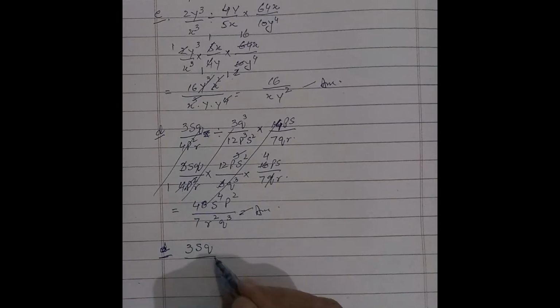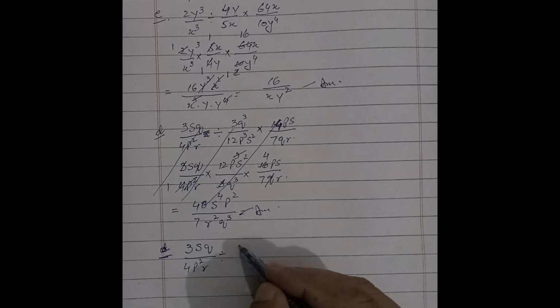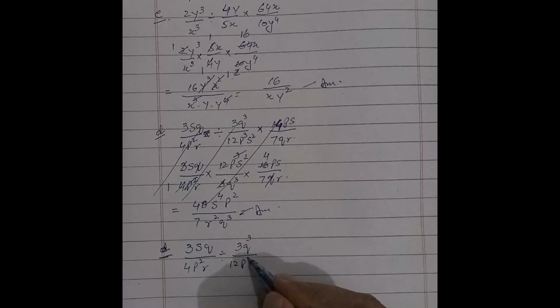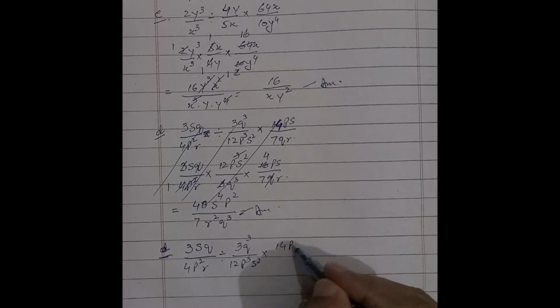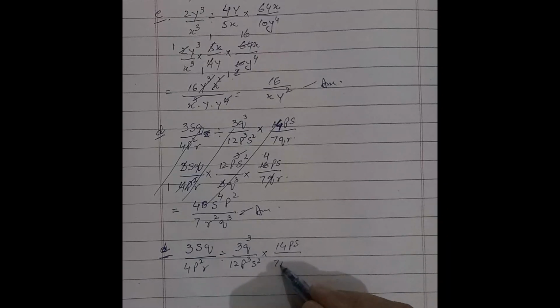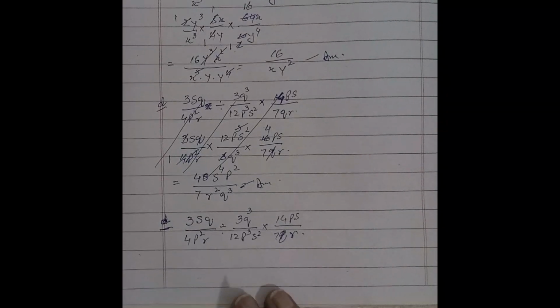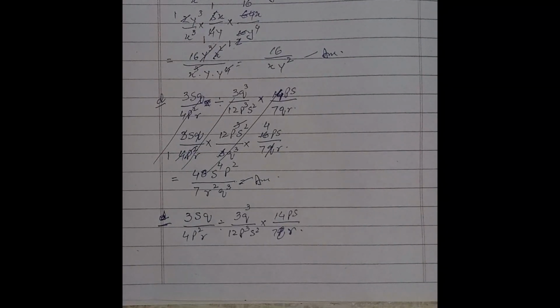3s cube over 4p square r divided by 3q power 3 over 12p3 s square multiplied by 14ps over 7qr. First we solve by the division rule, the values which are divided by each other, simplify them.